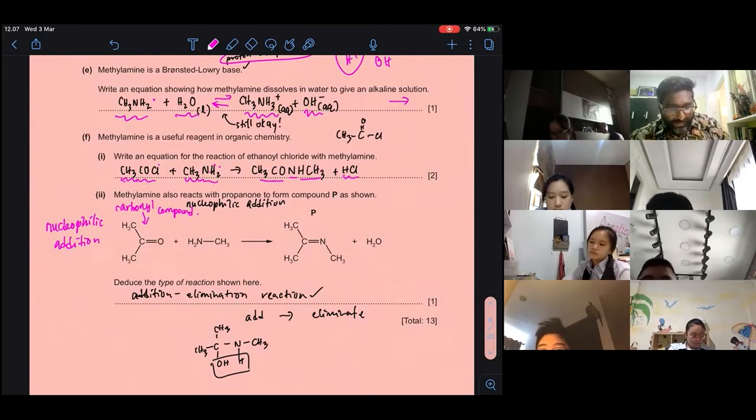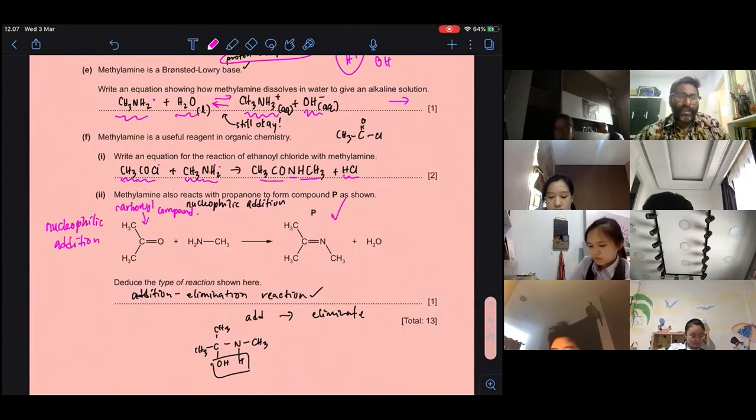When this reaction happens, I am going to get this product. But if I want to deduce the type of the reaction here, I can see that water is being removed.